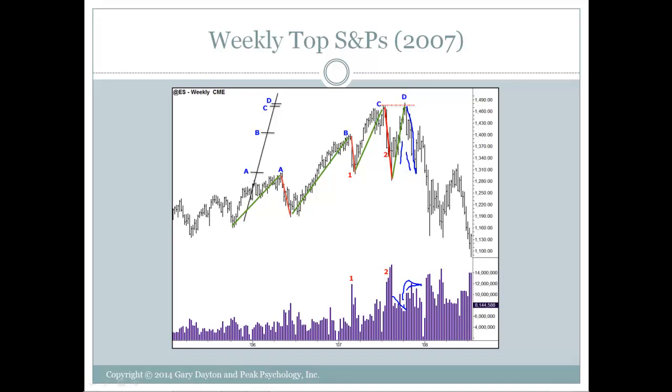If it just went sideways, then we would have to think more in terms of an absorption kind of scenario. We're not going to talk about that tonight because that's not really a top, but you do have to pay attention to that in the case of an upthrust.